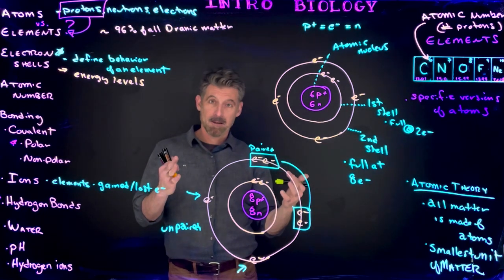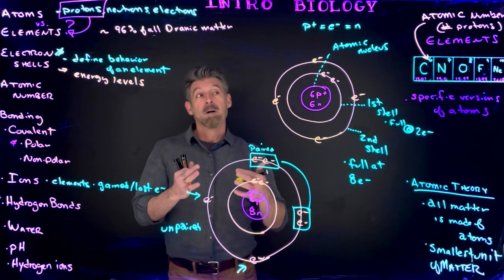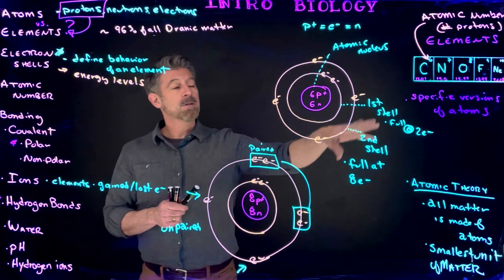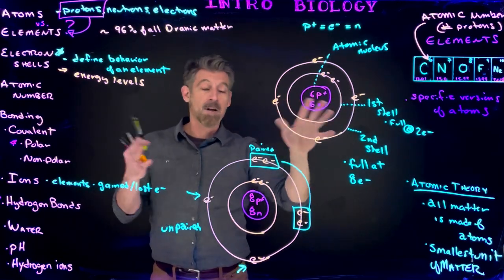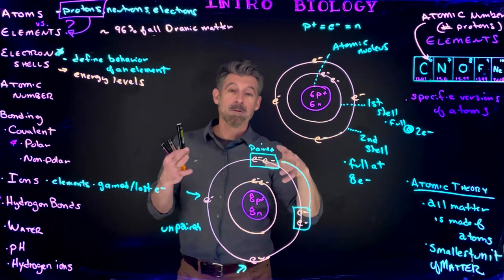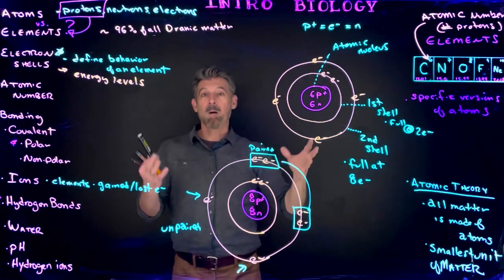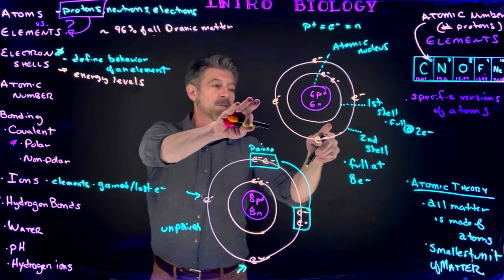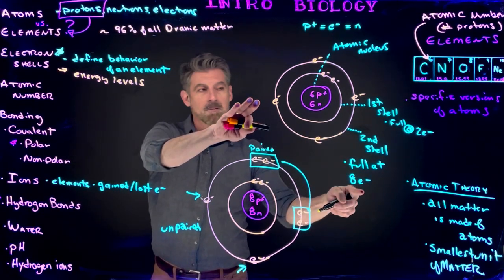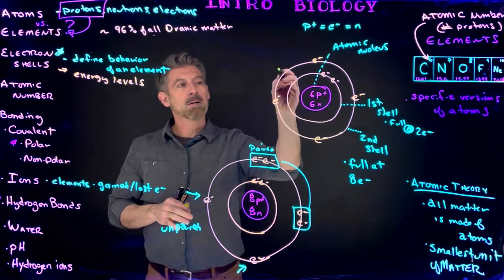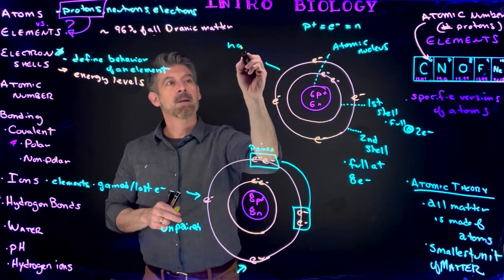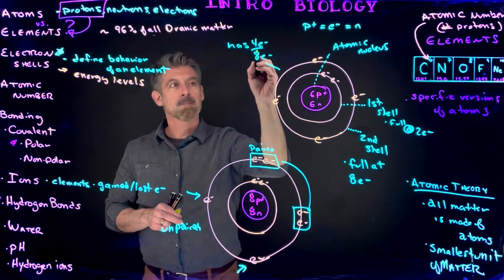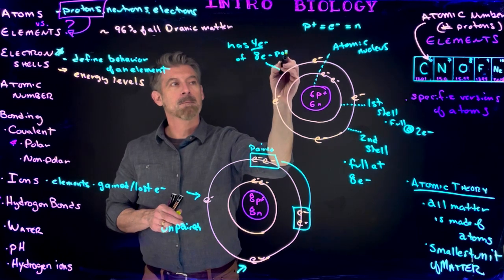The unpaired electrons are going to try to form pairs. Or another way of saying this is that electron shells that are not full are going to strive to become full. So what does that mean? It means this shell is full with 8 electrons, but it only has 4. Okay, so carbon has 4 of 8 electrons possible.